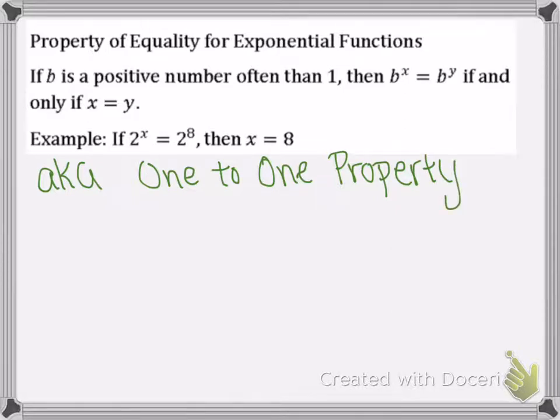What it says is, as long as b is some positive number, if we have a problem where it's b to the x equals b to the y, as long as the bases are the same, all you have to do is set the exponent parts equal to each other. And then you can solve that problem. For example, if 2 to the x equals 2 to the 8th, then x equals 8.